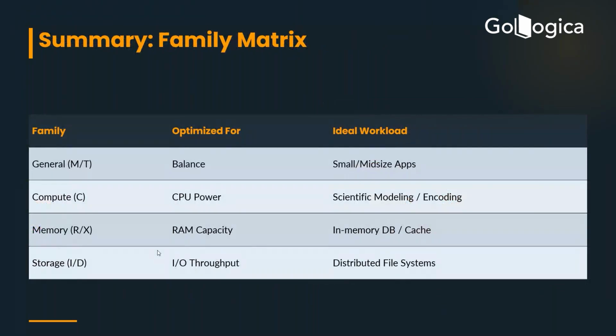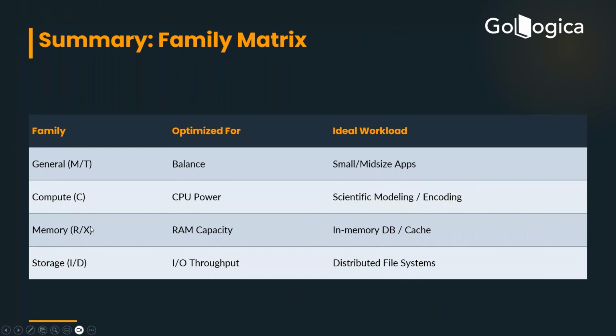So a quick summary of the family metrics. General purpose, the M family, gives you balanced performance, ideal for small to mid-size applications. Compute optimized gives you better compute resources, and ideal workloads are scientific modeling and data encoding.